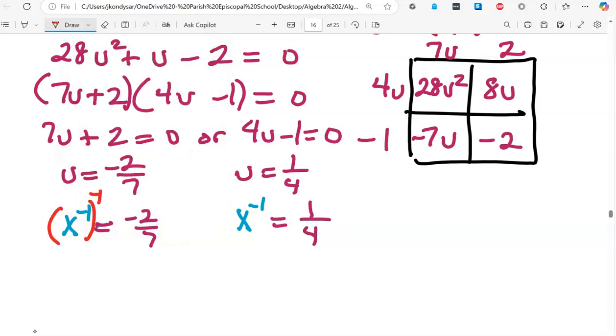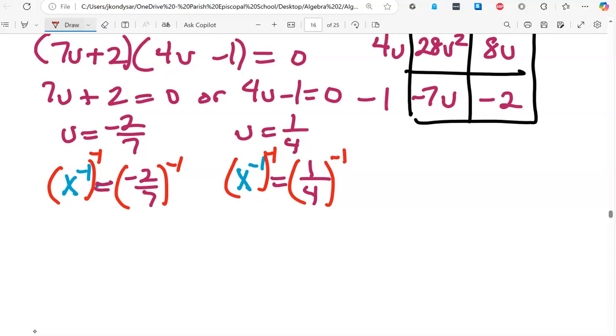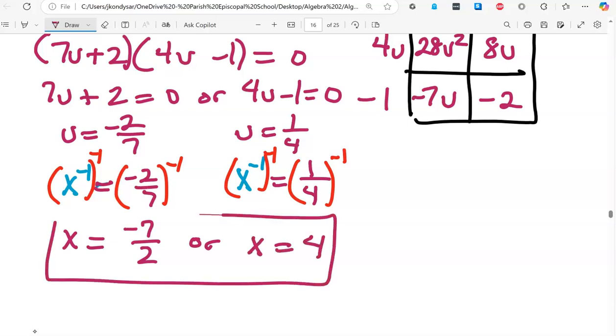We can raise both sides to the -1 power. Because remember that we multiply exponents when we raise this to the -1 power, and -1 times -1 is +1. So that's going to give us on the left x, and on the right, anything raised to the -1 power is just its reciprocal, so -7/2, or its reciprocal 4. So we get two solutions, -7/2 or 4.